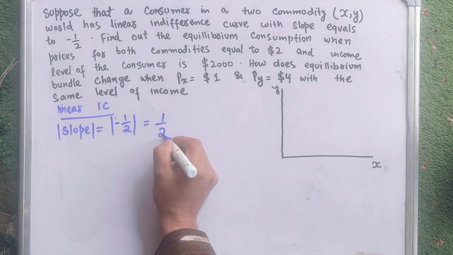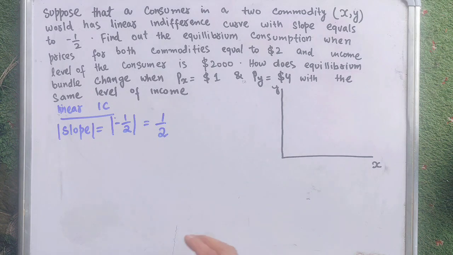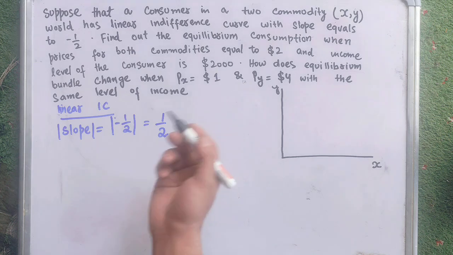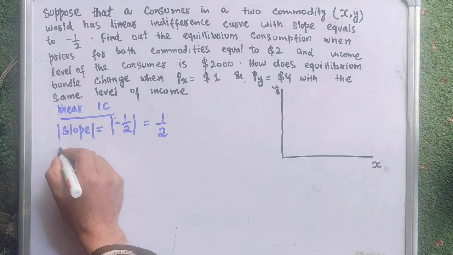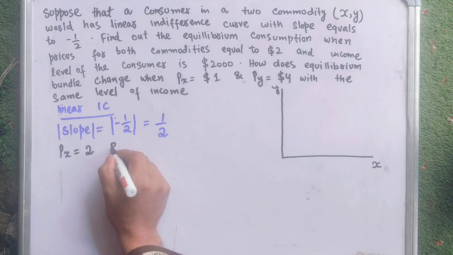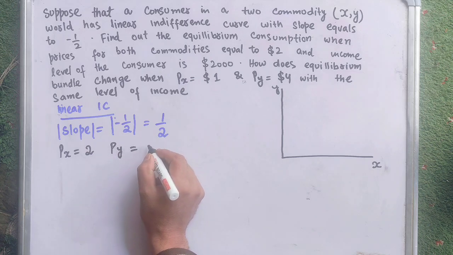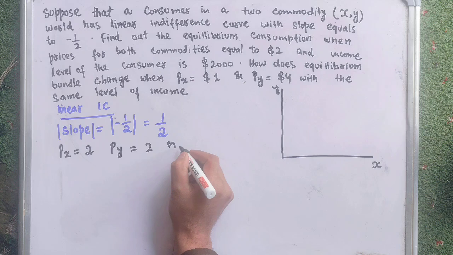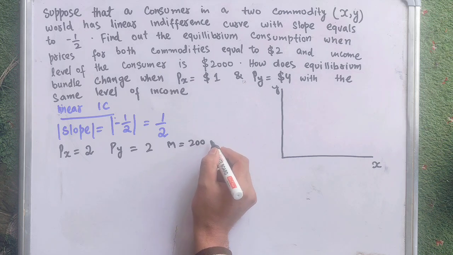So absolute slope of the linear indifference curve is 1 upon 2. To find out the optimal bundle, first let us see what else we are being given in the first scenario, that is price of good X is equal to $2, price of good Y is also given as $2, and income of the consumer is 2,000.